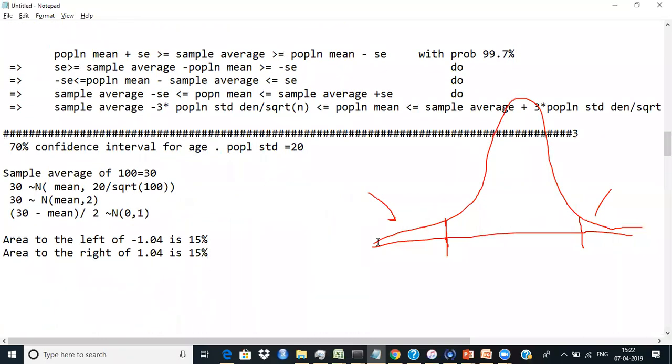What do we do with this? You can calculate the mean, right? How do you calculate the mean using this? That's what I'm trying to figure out.